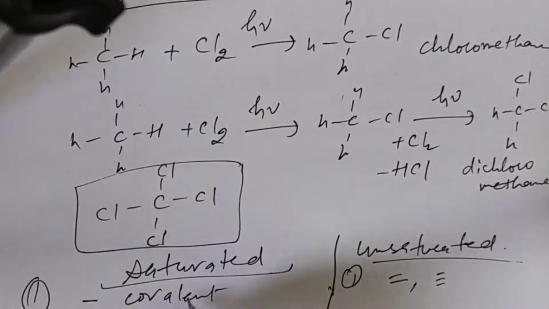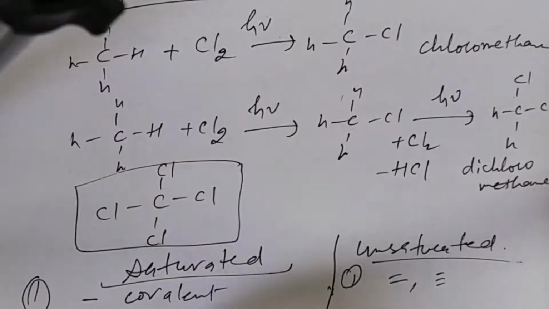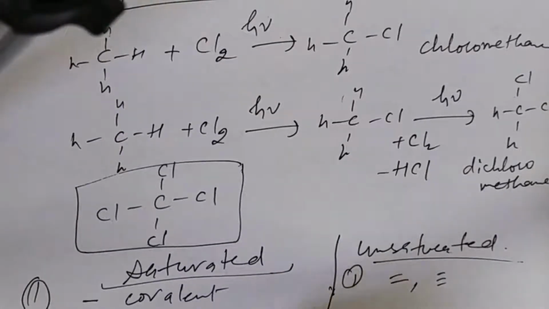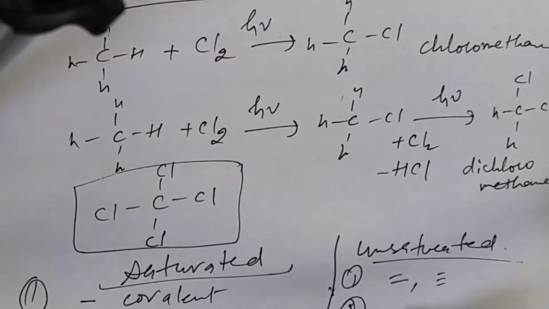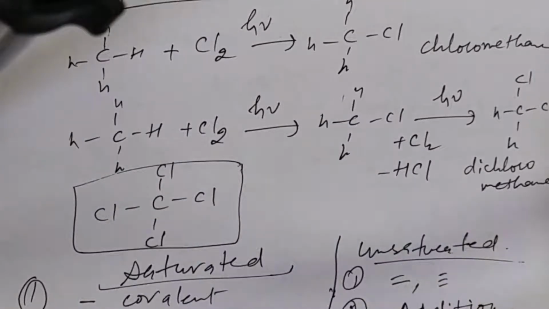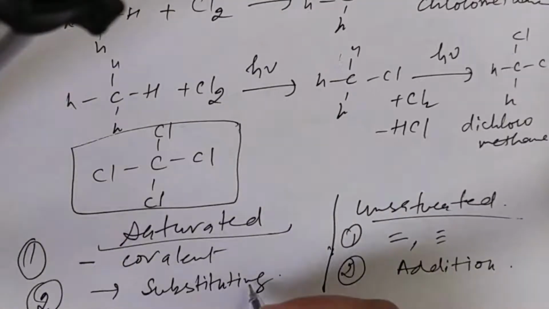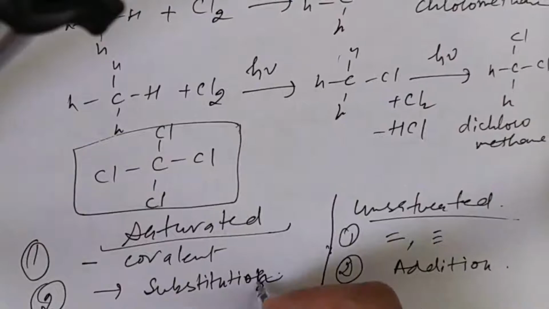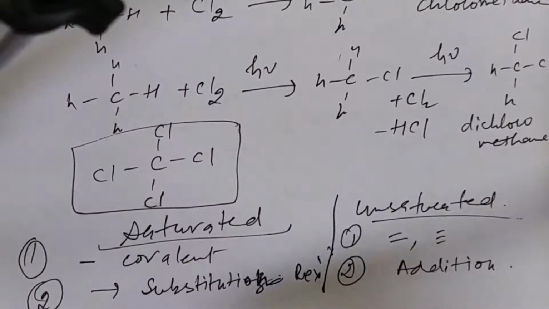Okay, the second difference is saturated compounds show substitution reactions, while unsaturated compounds show addition reactions. This is an important point to be kept in mind, students. Saturated compounds show substitution reactions only. They are not showing addition reactions. Addition reactions are only shown when there is a double or triple bond in the structure.